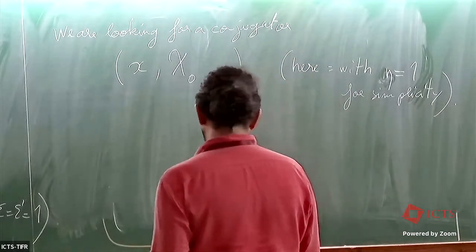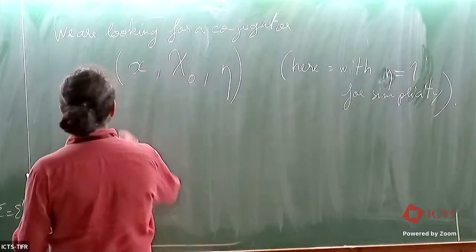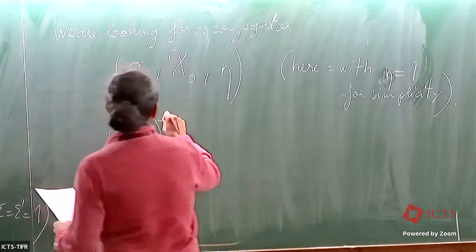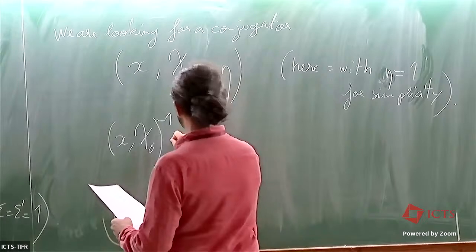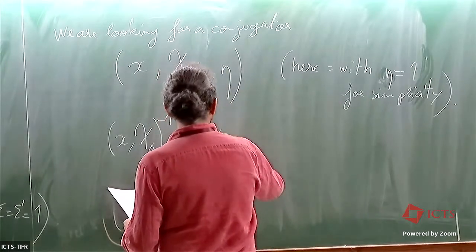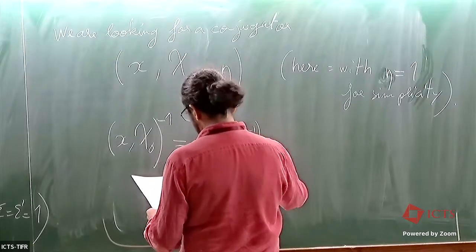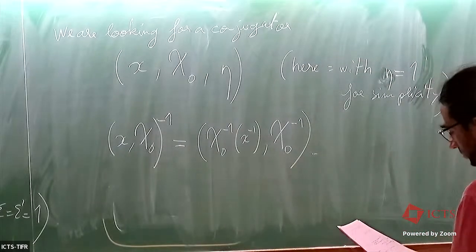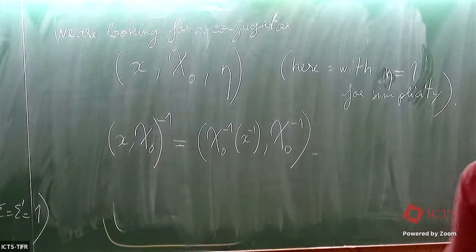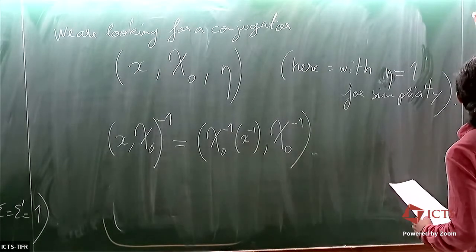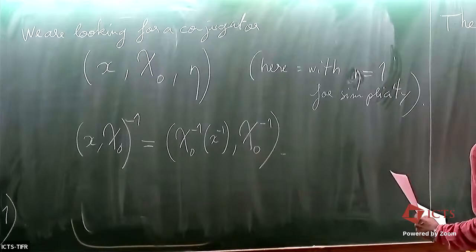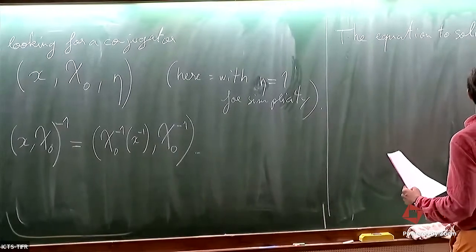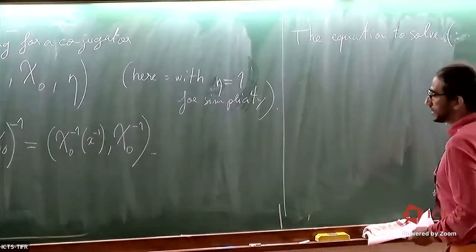And so, how does it work? Okay, so I have this element, so I will write only x k0, and I need to conjugate with this guy, so I just write what is its inverse. It's k0 inverse, x inverse, k0 inverse. And the equation to solve is the following. So I want to solve it in x and k0.